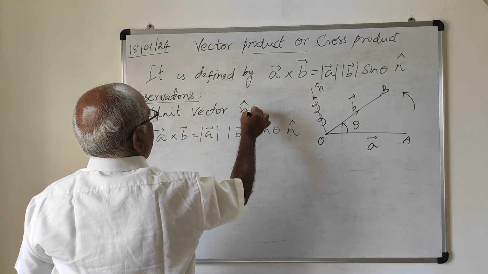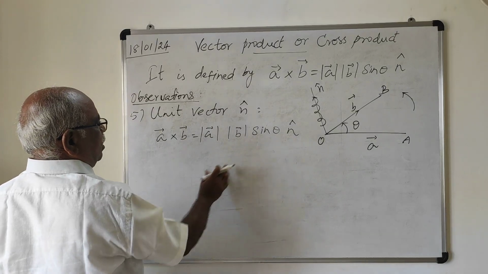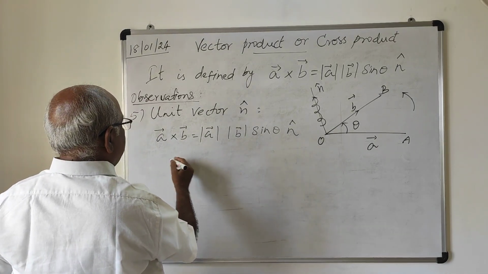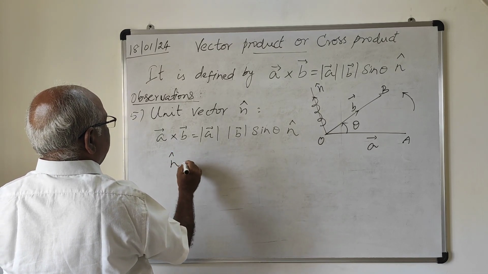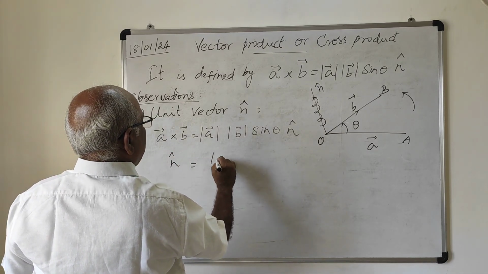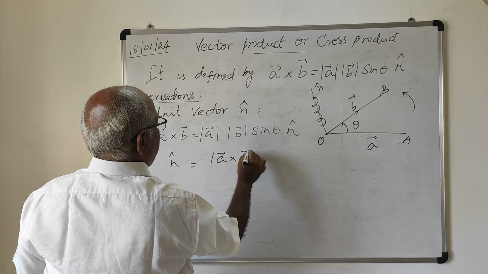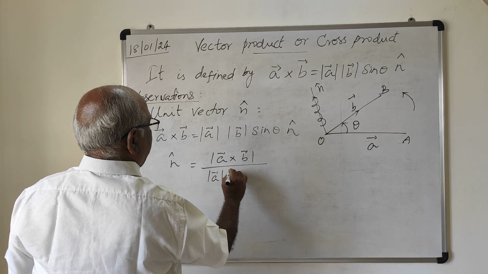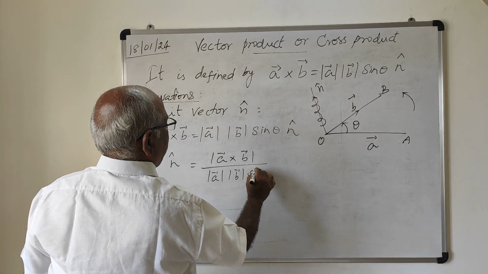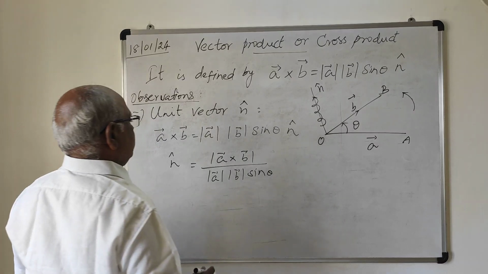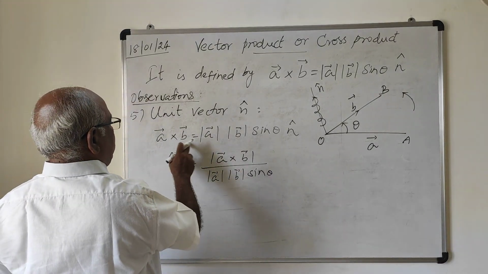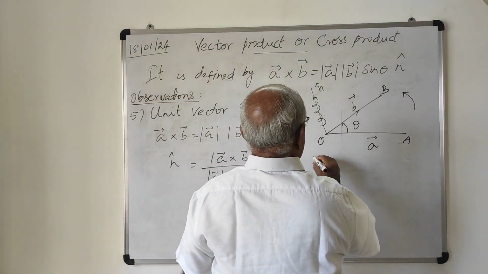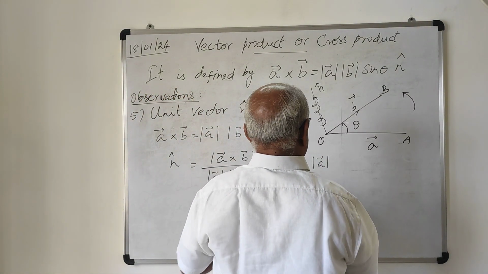Unit vector n cap is equal to, this is a formula, you keep n cap on the right hand side, it becomes n cap equal to mod of A cross B by mod A into mod B into sin theta.